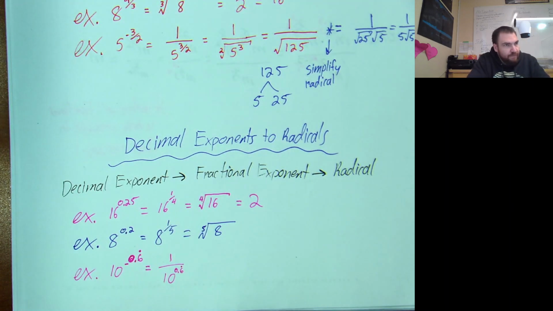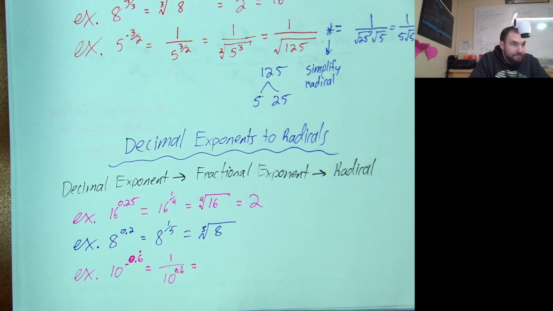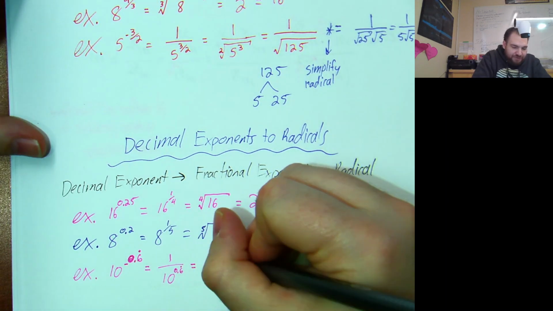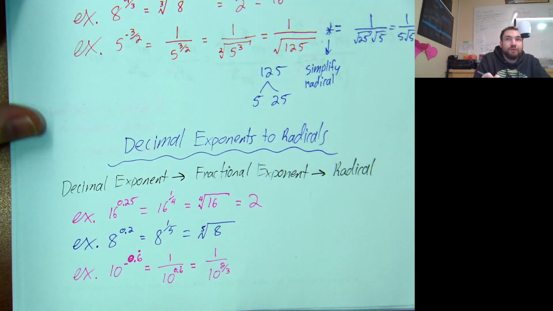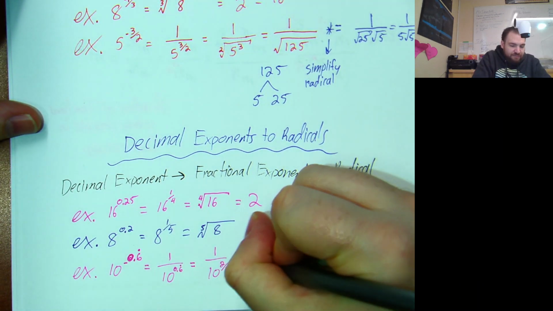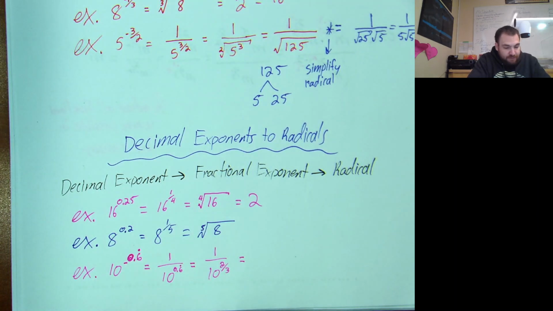Sure, we can do that. Get rid of that negative in the exponent. Love it. What's next? Keep going, Kyla. You betcha we do. So it's going to be 1 over 10 to the 2/3. So it's important to know your fractions. That's 10 to the 2/3.